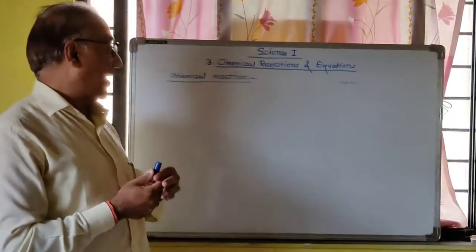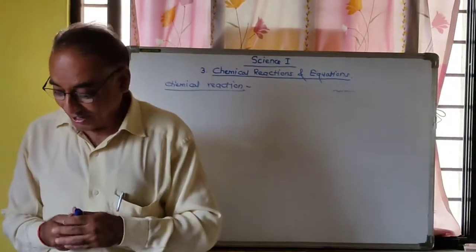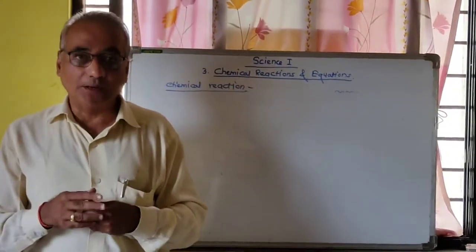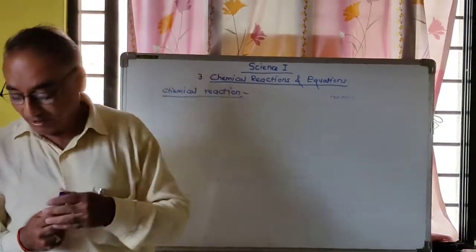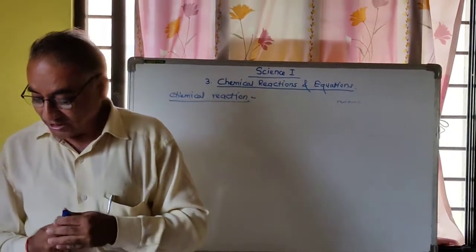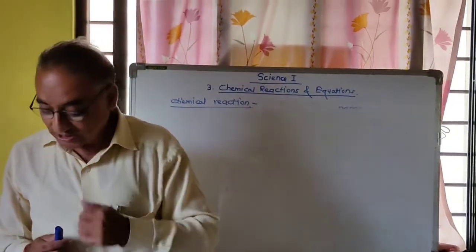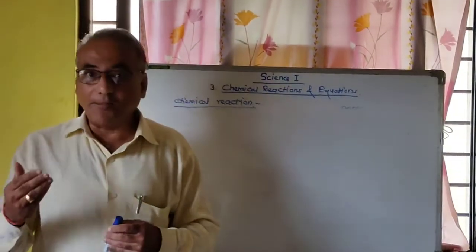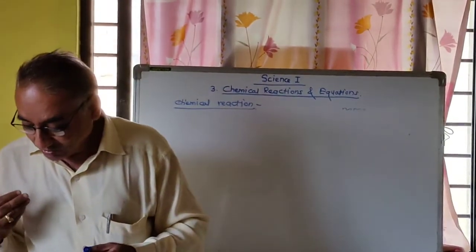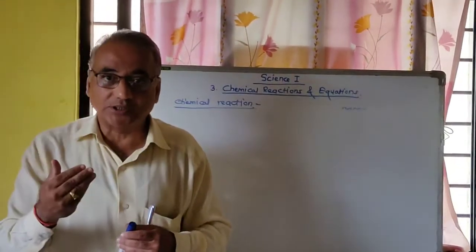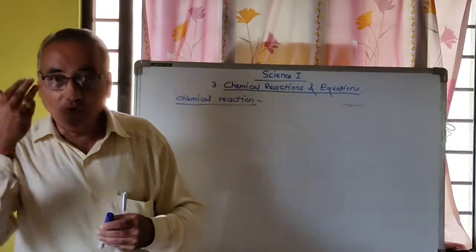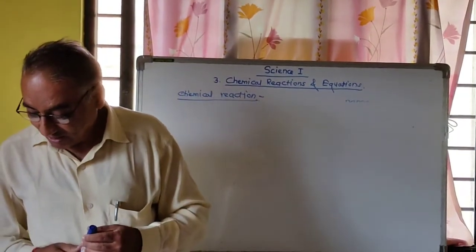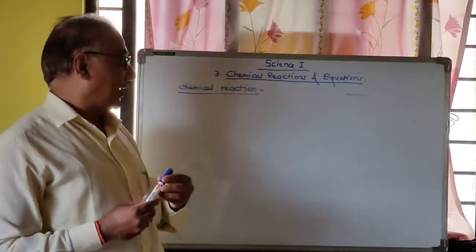It is called a chemical reaction. Once again, the definition of chemical reaction: a process in which some substances undergo bond breaking and transform into new substances by forming new bonds. It is called a chemical reaction.